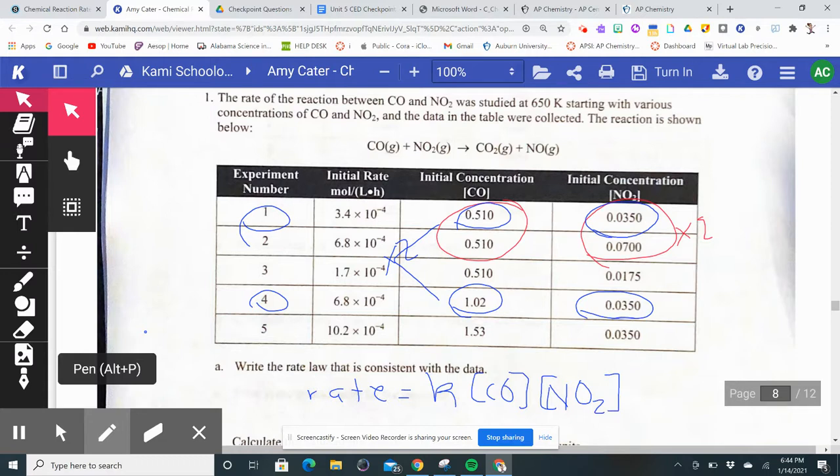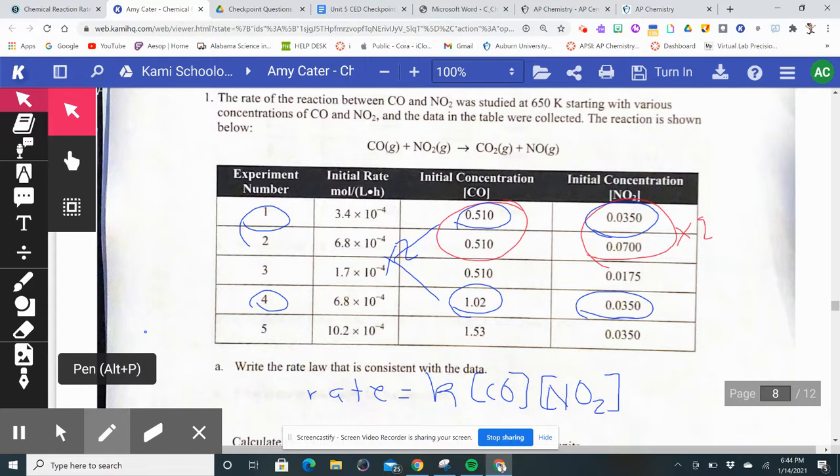And that's your answer. Okay, so the way we got that, and as far as showing your work, because on here I did say you need to make sure you show your work. What you will need to show me is that for experiment 1 and 4, the NO2 is constant and the concentration of the CO2 is doubled.